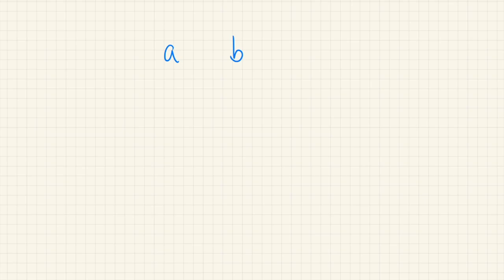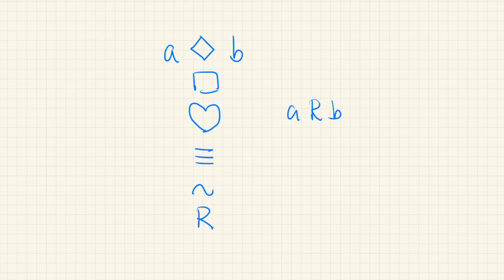For example, a diamond relation, or square relation, or heart mark relation, or three bars, tilde, or let's say any symbol like the letter R. So we can write a R b to express some kind of relation called R. What we happen to know is something like a is equal to b.